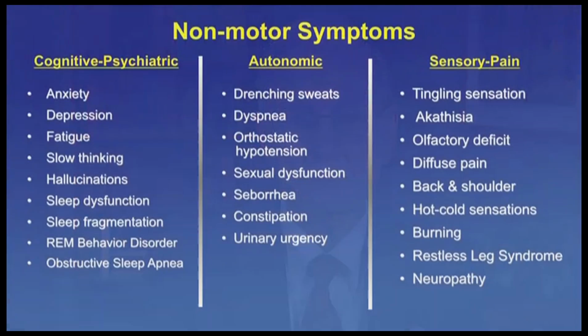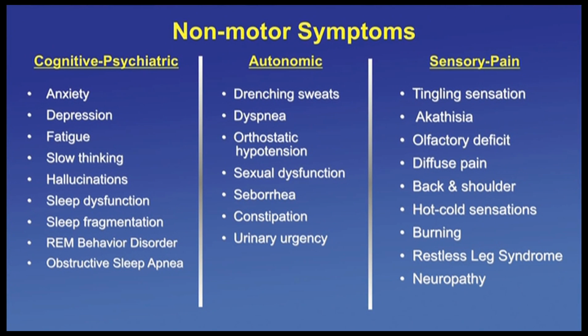There is no known marker yet, and probably there is going to need to be more than one marker. We'll probably be using genetic markers and some spinal fluid markers, and maybe things like the functional MRI, which is a specific test for the MRI, and the DAT scanner.